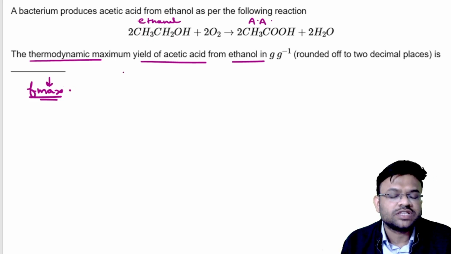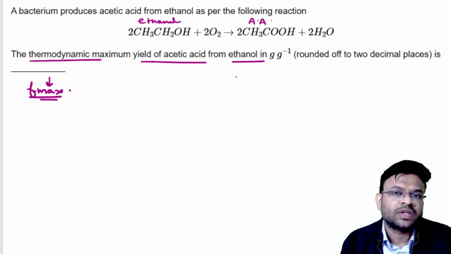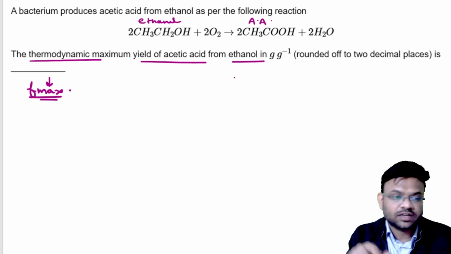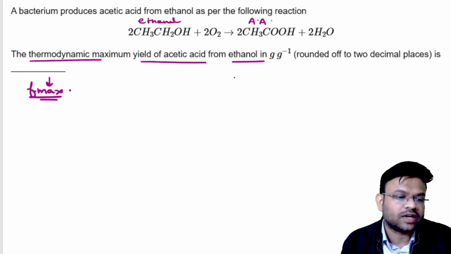Because that is what is being asked. We have to calculate the thermodynamic maximum yield. That is why we have to find the F max value, the maximum stoichiometric coefficient of your product that can be achieved. So we have to calculate the F max first.